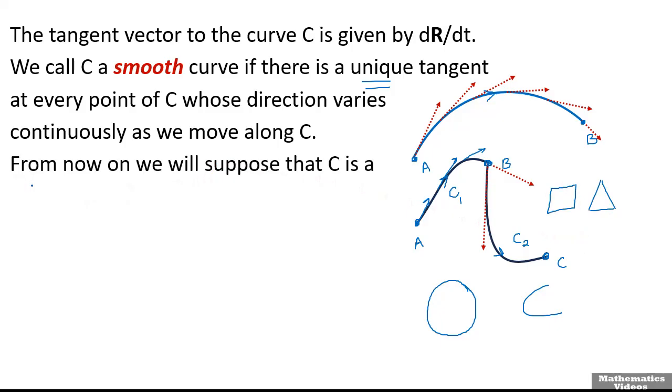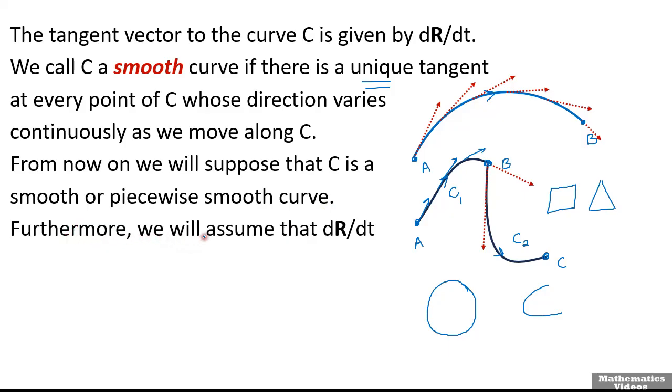From now on, we will suppose that the curve C is a smooth or piecewise smooth curve, because line integrals are always defined and evaluated along smooth or piecewise smooth curves. And in the upcoming lectures, we will learn how to calculate line integrals along piecewise smooth curves.